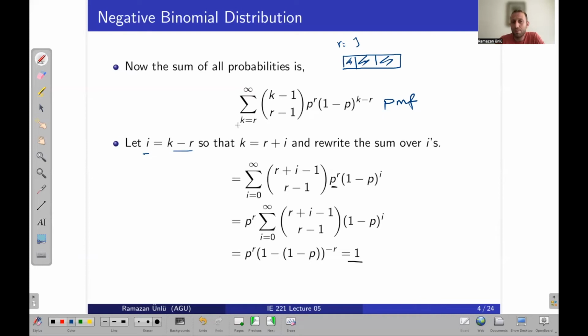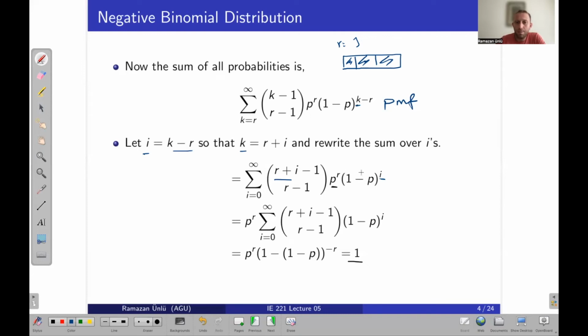So the minimum number of tries should be equal to the number of successes. So we say that i is equal to k minus r, which means k is equal to r plus i. And instead of k, we put r plus i, here and also here.